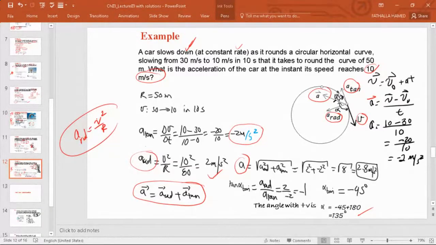At every point you have to know the speed, and then you calculate the A radial at that speed. And then, of course, you have a tangential acceleration, and your acceleration is a combination of both the tangential and the radial acceleration. Is this clear?